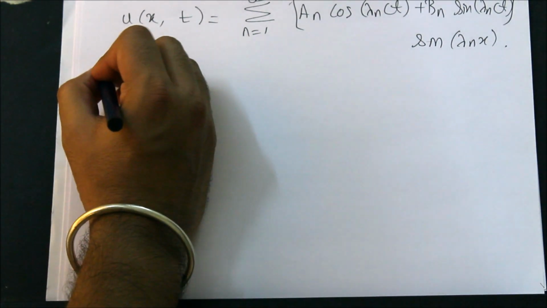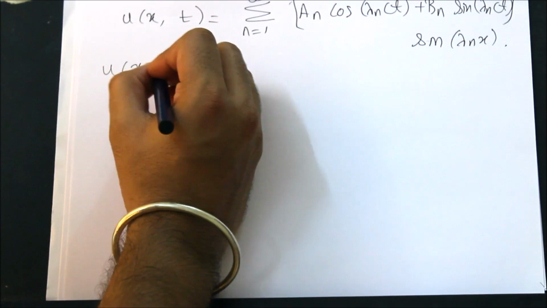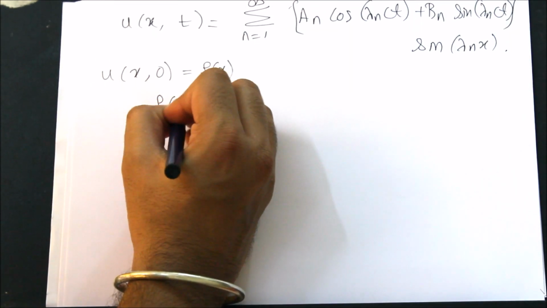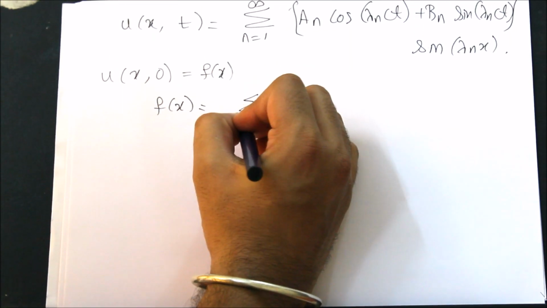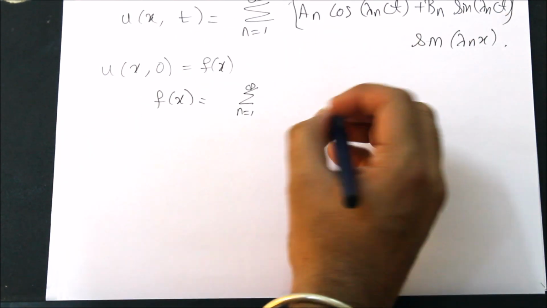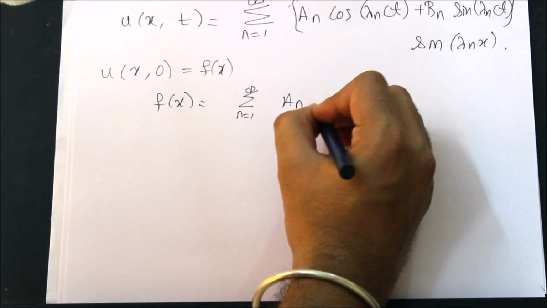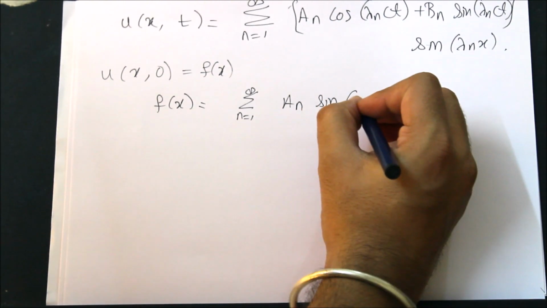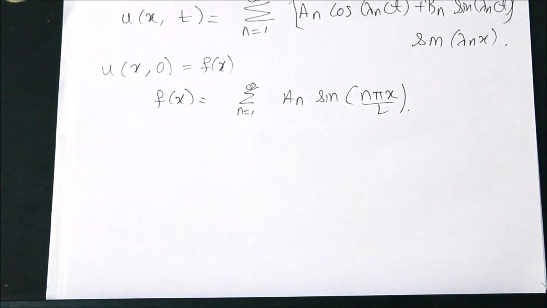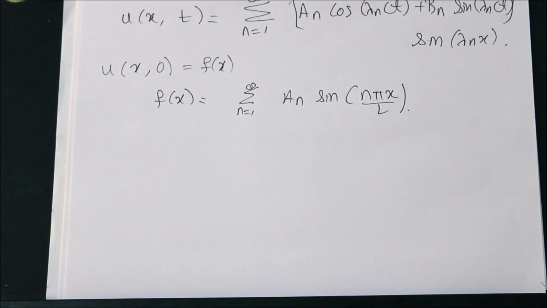So now what is given to me? u(x,0) is nothing but f(x). So if I put this over here, my f(x) is what? It is the summation, n running from 1 to infinity. My t is 0, so this becomes 1, this becomes 0. So it is nothing but A_n sin(nπx/L), because cos becomes 1, sine goes away, so we are only left with A_n.